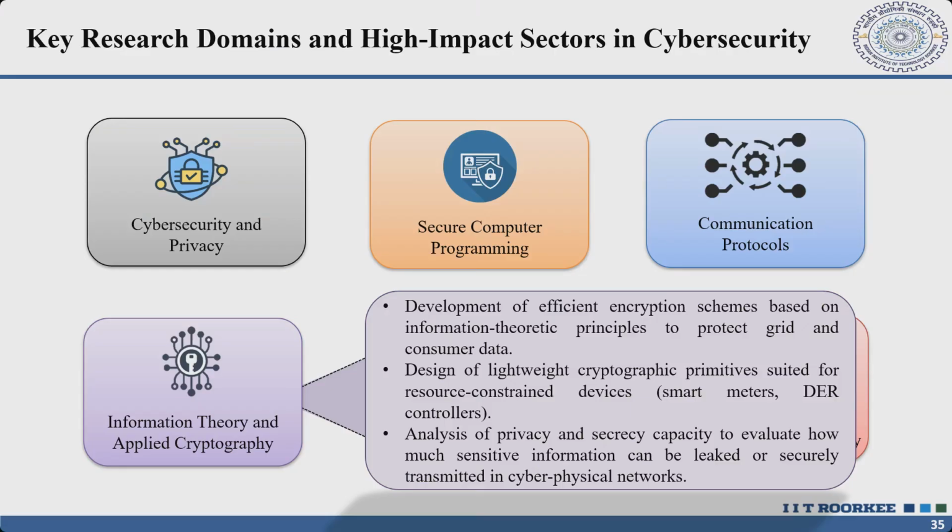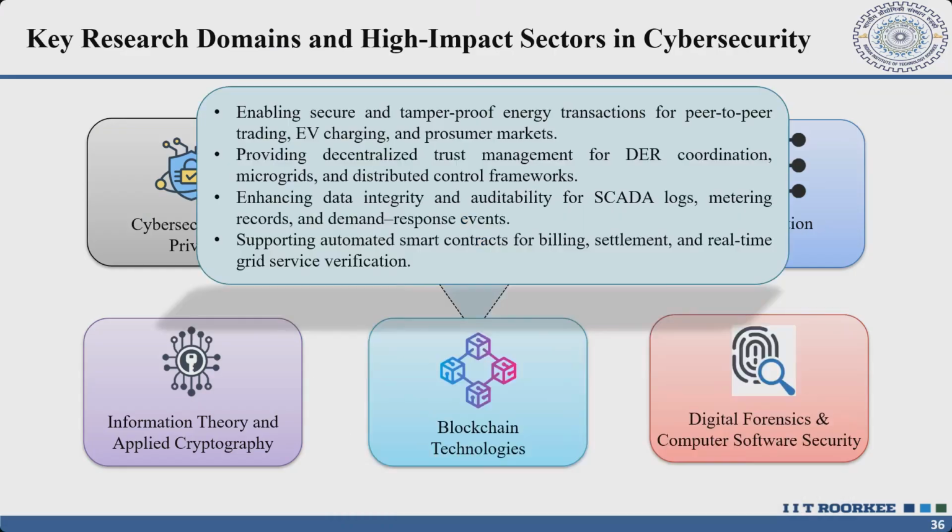All the inverters are there. There also you have to consider this cryptography, or encryption and decryption process. So it is a separate area. And then finally you have to analyze the privacy and secrecy to evaluate the sensitive information, so that the attacker cannot hack it.